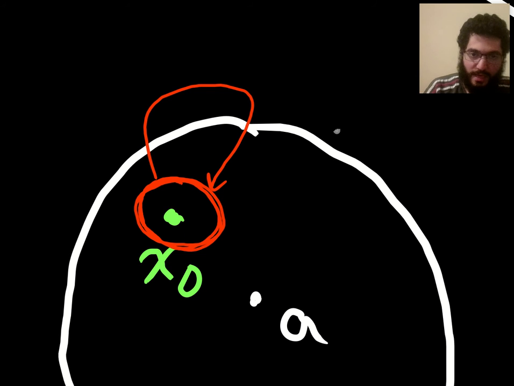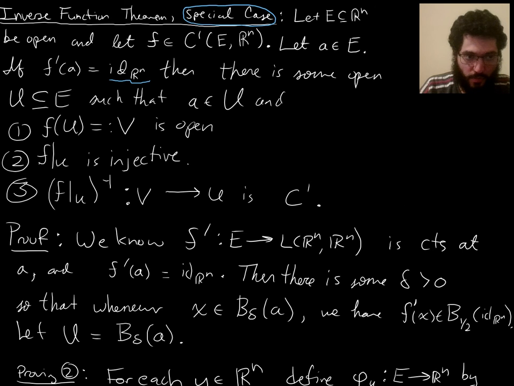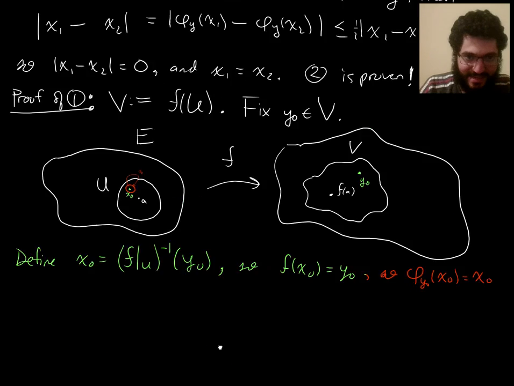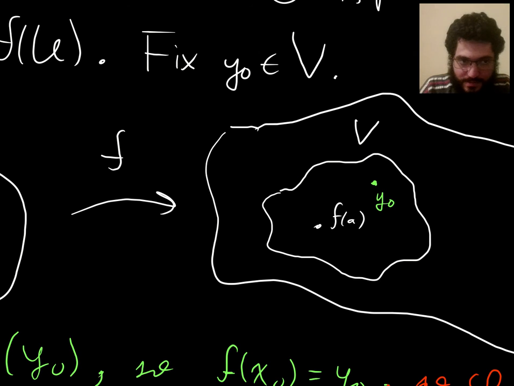We're going to arrange it so that when you put in phi sub y here, where y is going to be one of the points over here, y will be a point that's pretty close to y naught, and we'll say exactly how close in a moment.